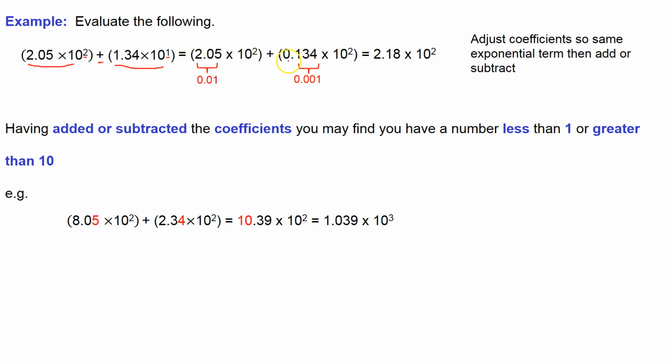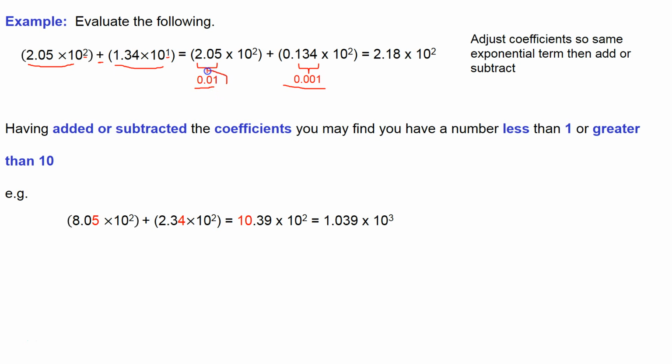I've left this one alone, and now I've adjusted this one so it is multiplied by 10 to the 2. And so now I can evaluate easily what the uncertainty is in my coefficients. The uncertainty on this one is plus or minus 0.01, and the uncertainty on this one is plus or minus 0.001.